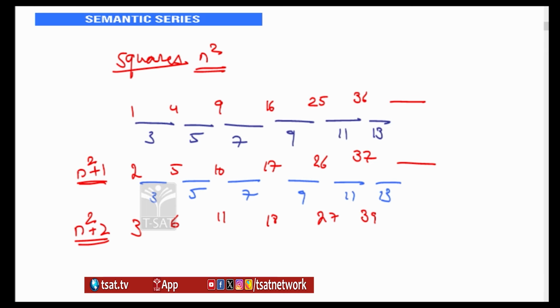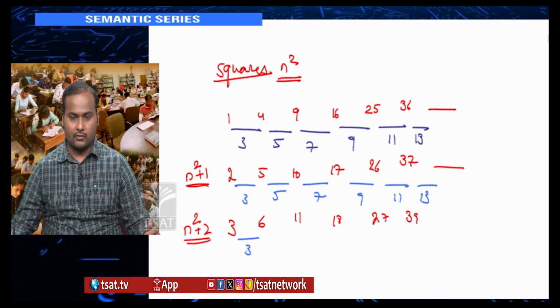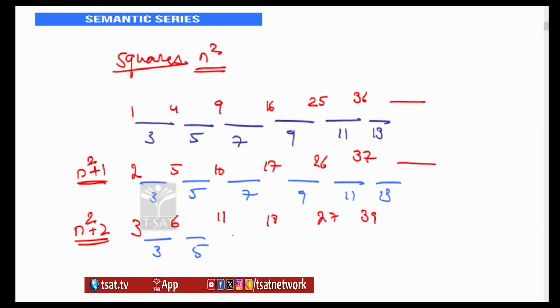If you recognize it as n square plus 2, it is well and good. Otherwise, you can take the difference here also, because the differences are 3, 5, 7, 9, 11, and the next difference will obviously be 13. You just add 13 and you get the answer, that is 52. So you can solve it in this way also.